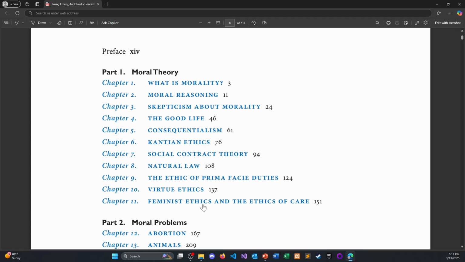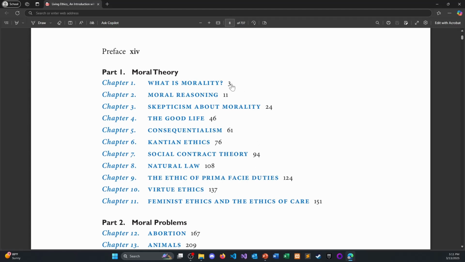These are specific moral theories, or you could say families of moral theories. And we have chapter 3 through 11, each dedicated to one of these theories.